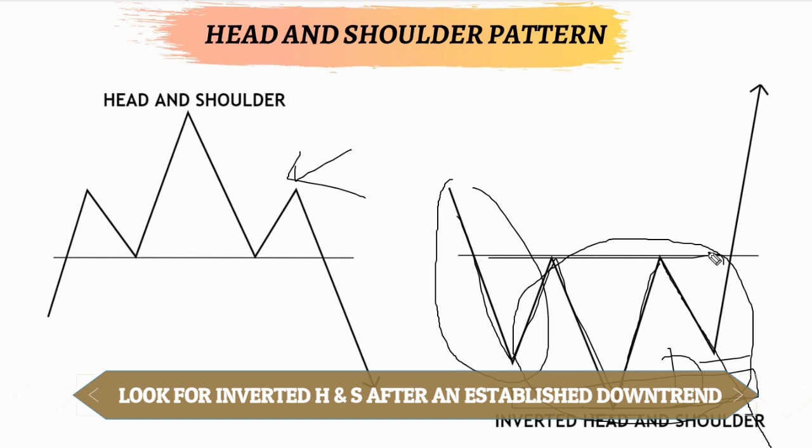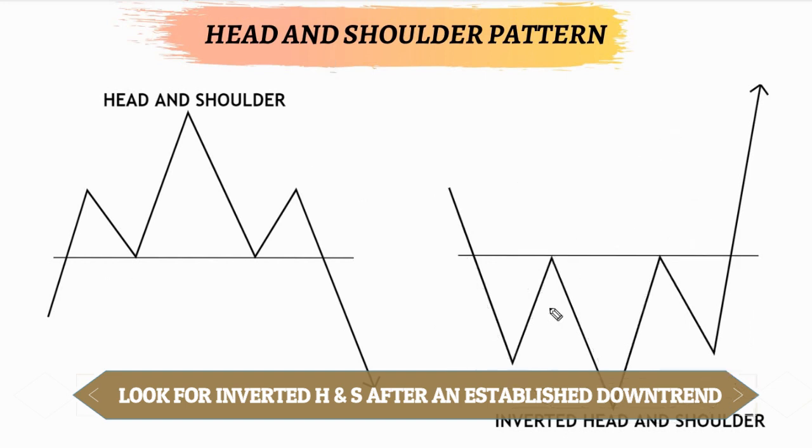And also remember, the inverted head and shoulder pattern works best after an established downtrend in the market. So prices have fallen off sharply from a particular price point, and then if we find an inverted head and shoulder pattern, we could say that prices could reverse their trend from down to up.